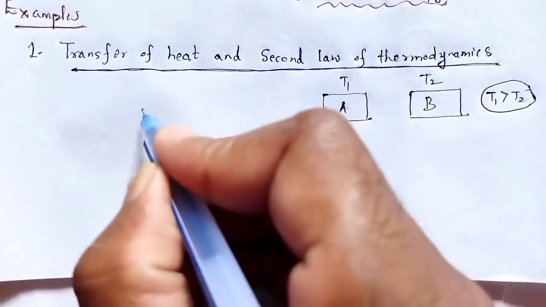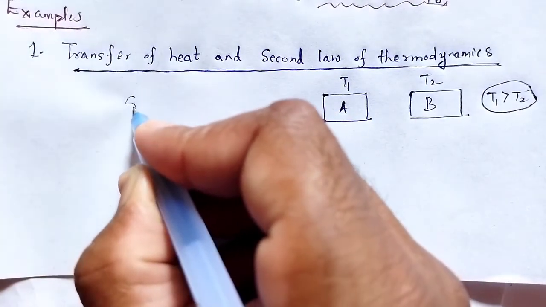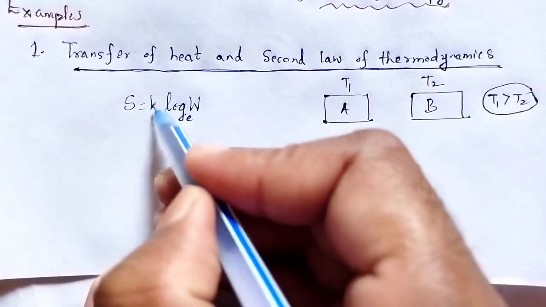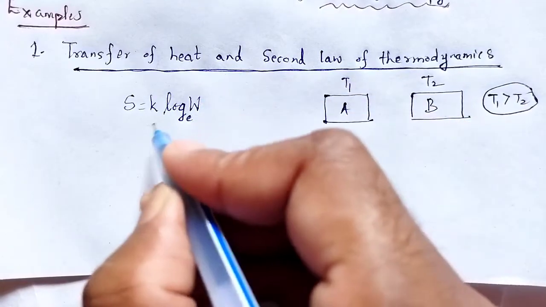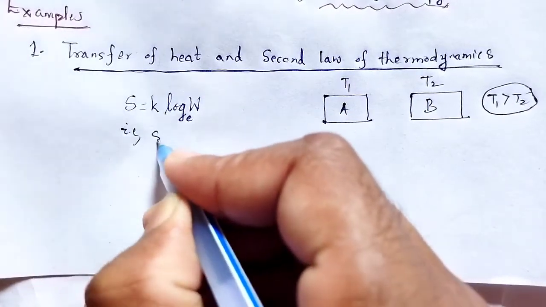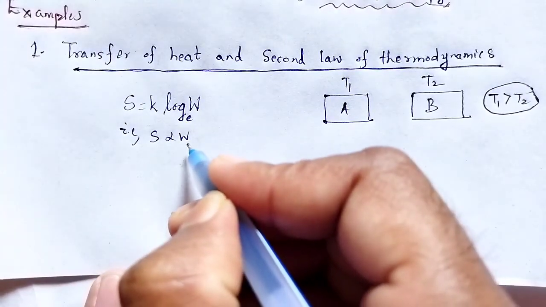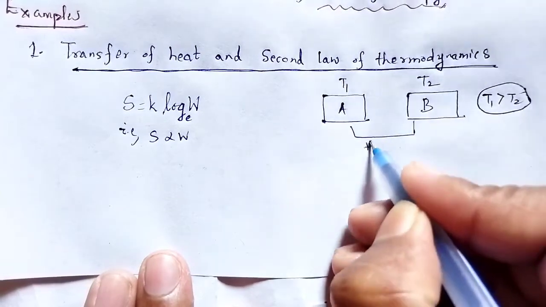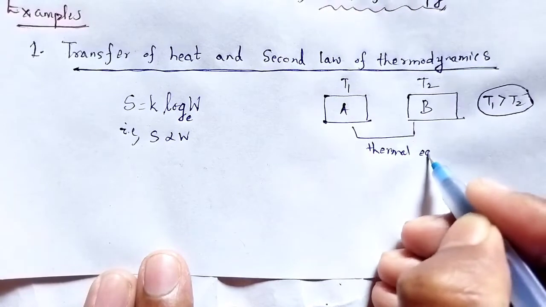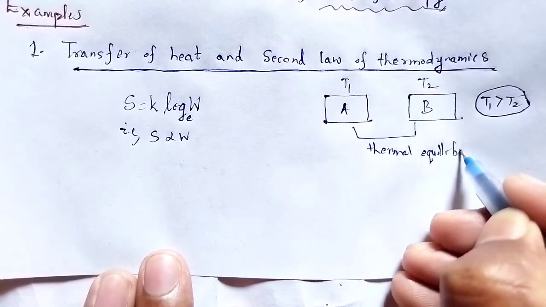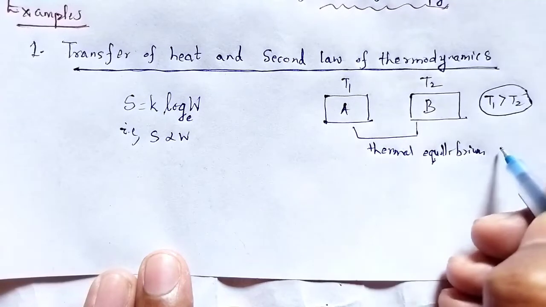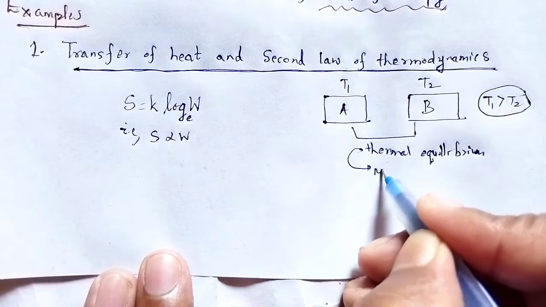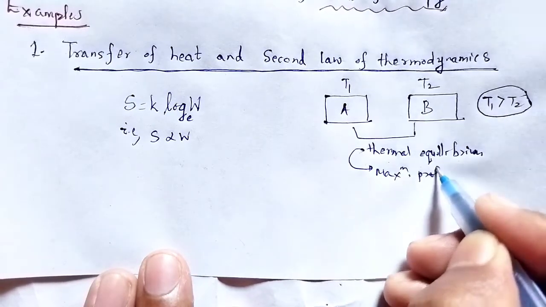That is why, if we take the equation of entropy, S equals K log W base e, with K the Boltzmann constant and W the thermodynamic probability. Here basically S is directly proportional to W. Since thermodynamic probability is maximum in case of thermal equilibrium, these two bodies are now at thermal equilibrium and take the maximum probability.